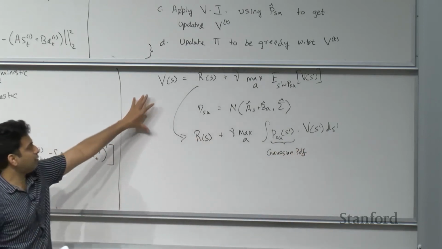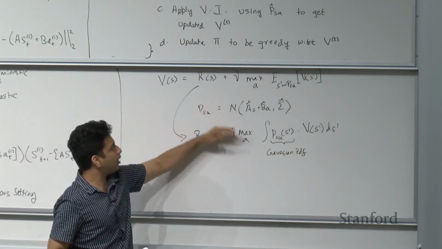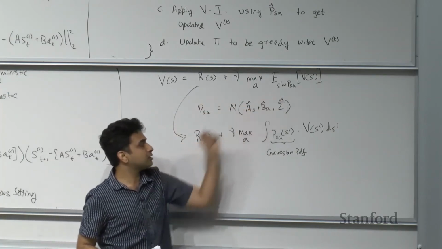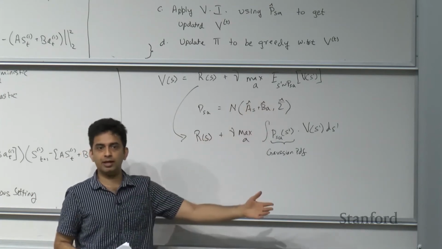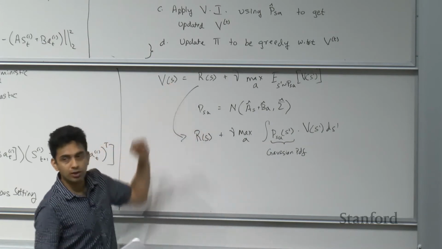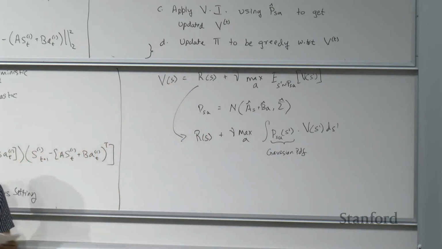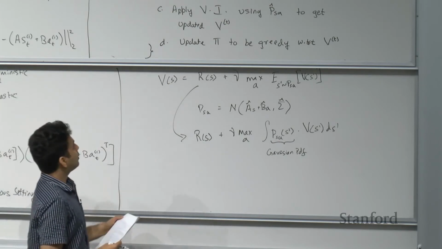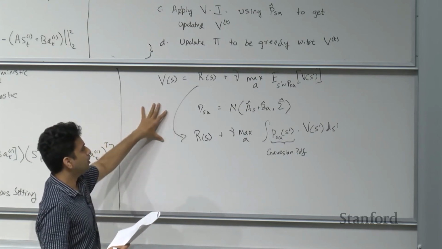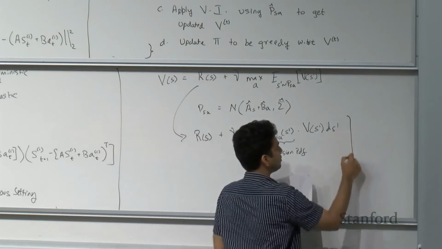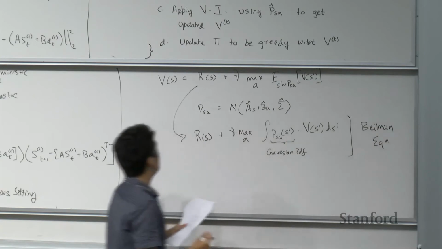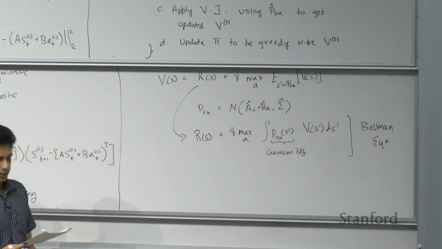Right? So you can think of the value function as this analog of the discrete version, where the expectation is now over a continuous random variable instead of a discrete random variable, and the input to the value function is also a continuous value. And this identity is also called the Bellman equation. It's just the continuous version of the discrete setting.